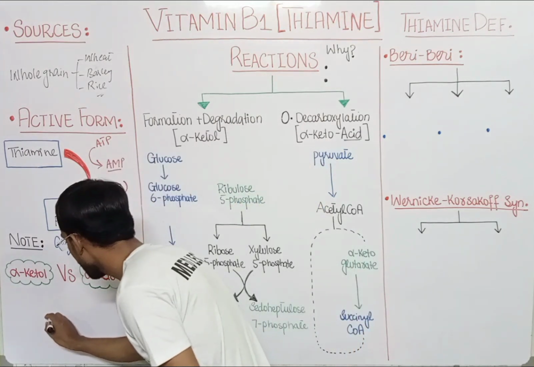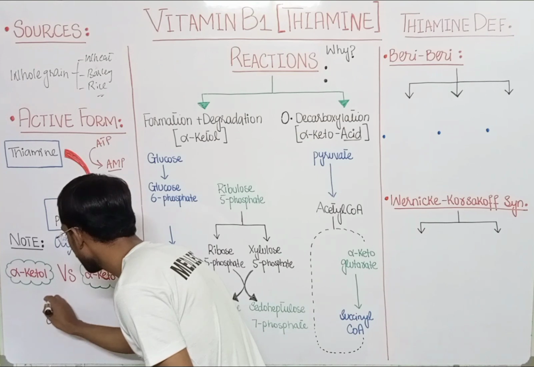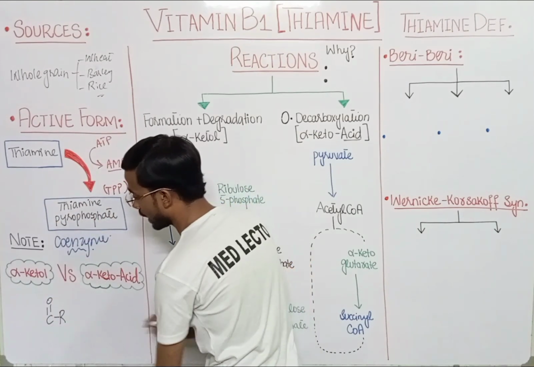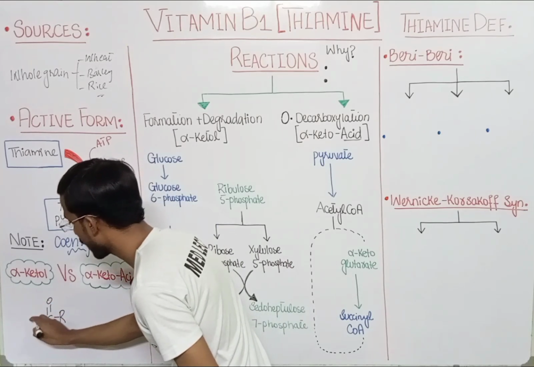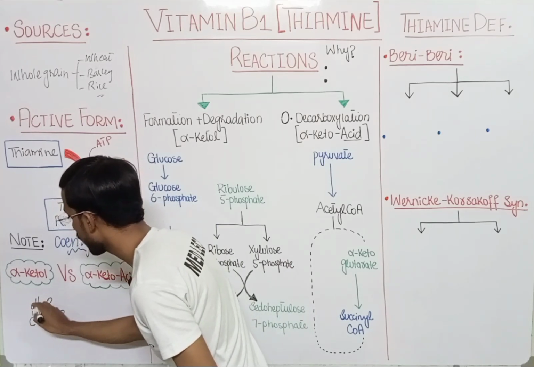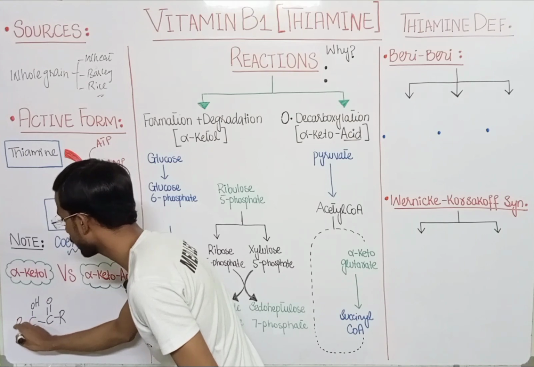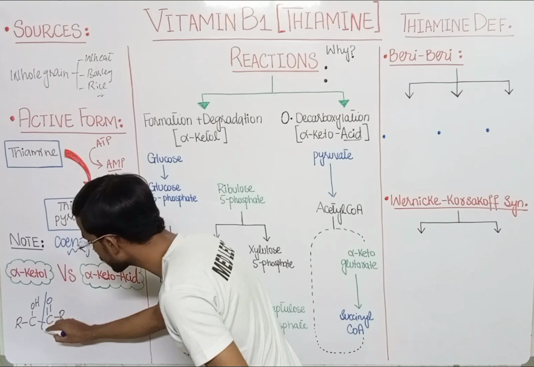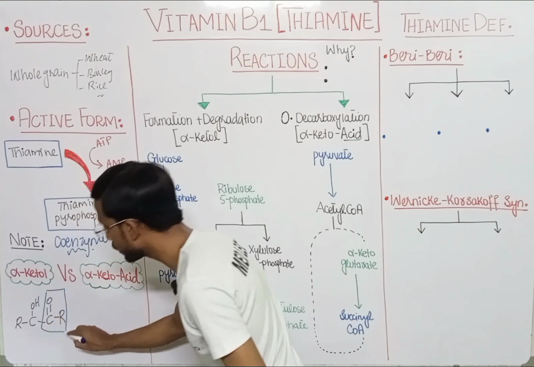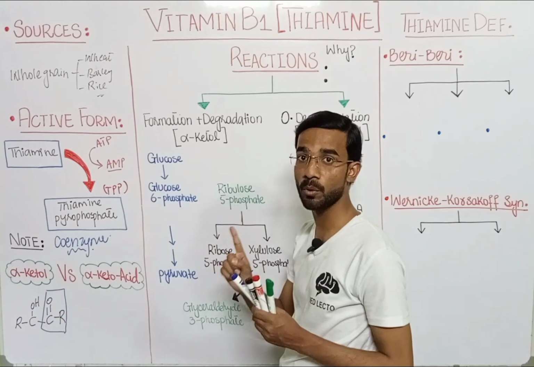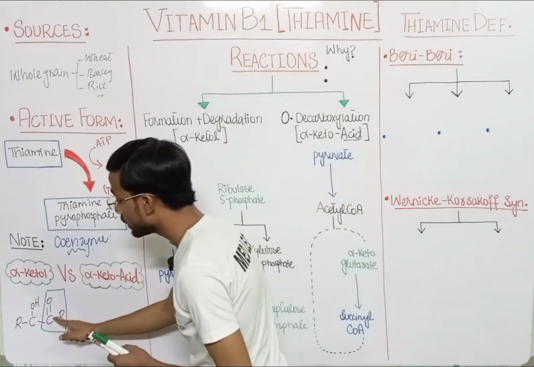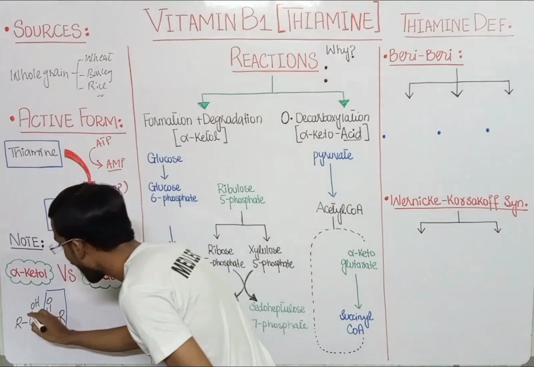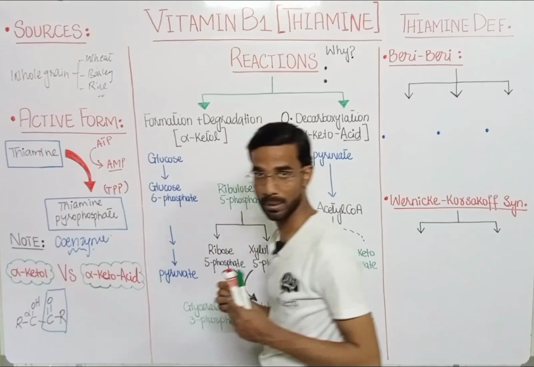So if you see here, in the ketone we see the alkyl group at one side, and here you will see hydroxy, and here is the R group. This is the functional group of the ketone, and the carbon attached to the functional group is called the alpha carbon.